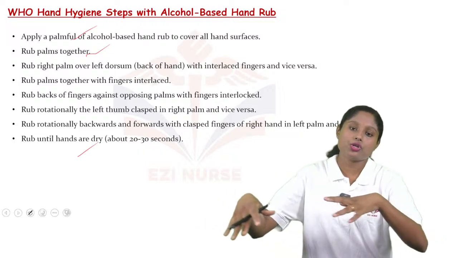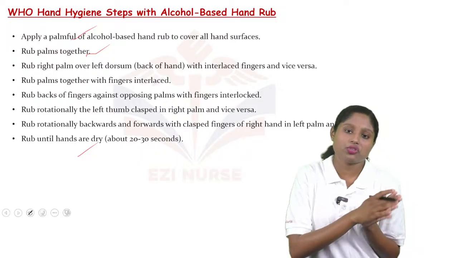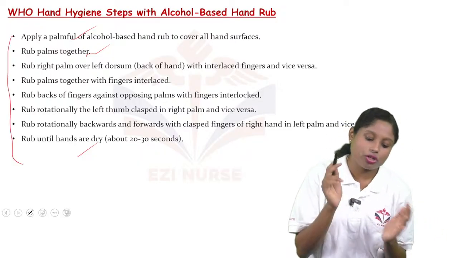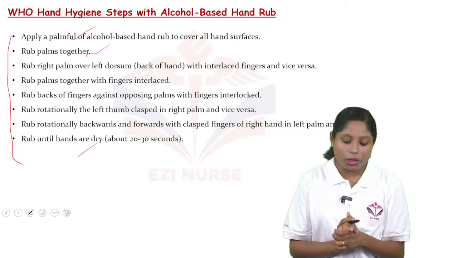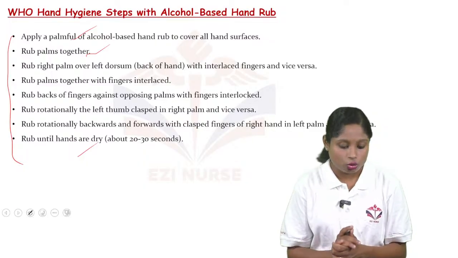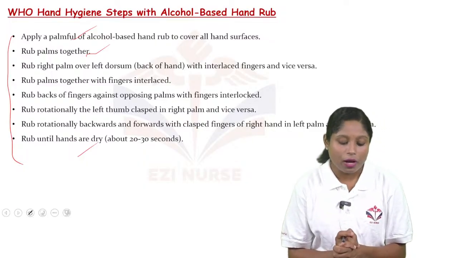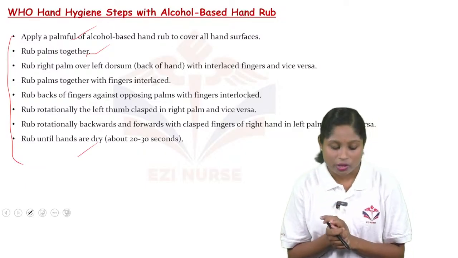So if you are not hand washing, you are using hand sanitizers or alcohol-based hand rub. These are the steps you need to follow. So what are the steps? Apply a palm full of alcohol-based hand rub to cover all hand surfaces. Rub palms together and rub right palm over left dorsum, back of the hand, with interlaced fingers and vice versa.